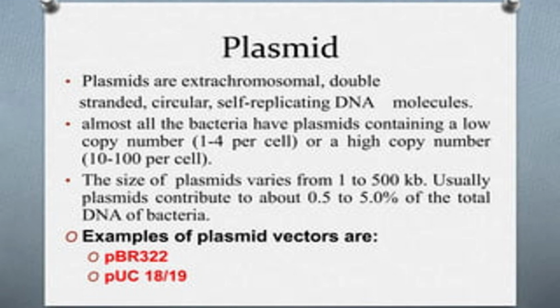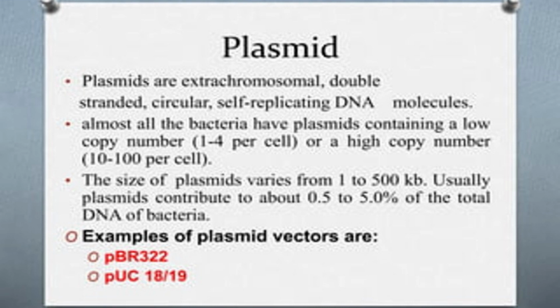The size of plasmids varies from 1 to 500 kb, that is kilobases. Usually, plasmids contribute to about 0.5 to 5% of the total DNA of bacteria. Examples of plasmid vectors are pBR322 and pUC18 or 19.